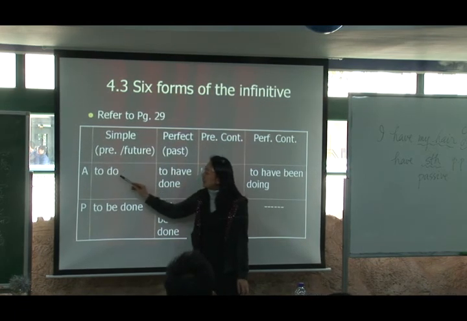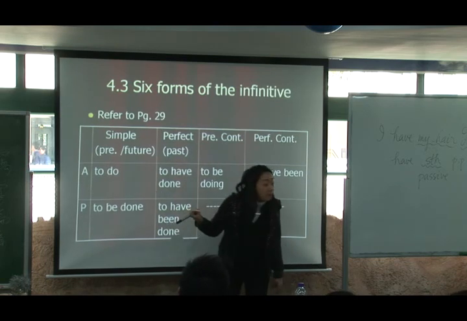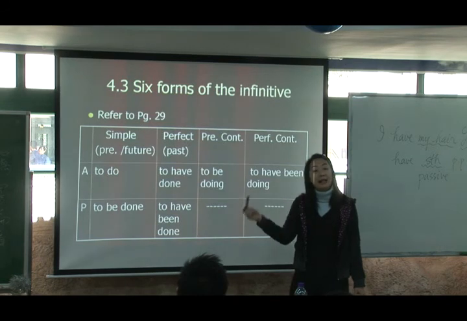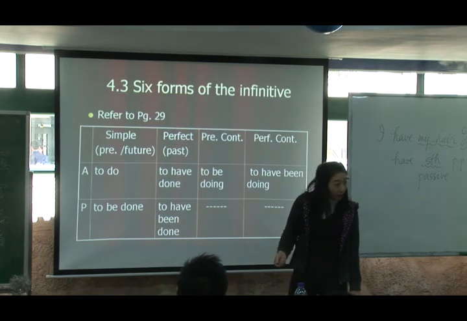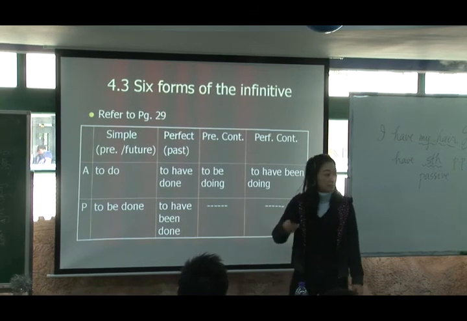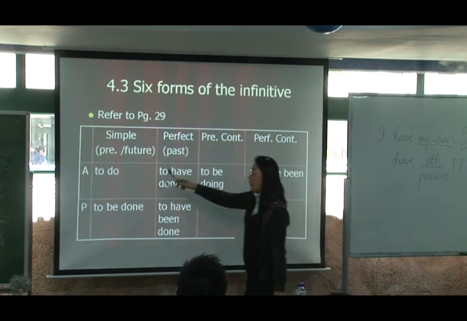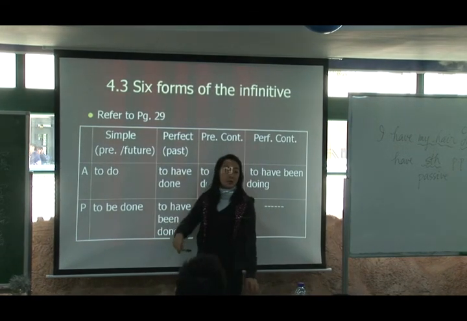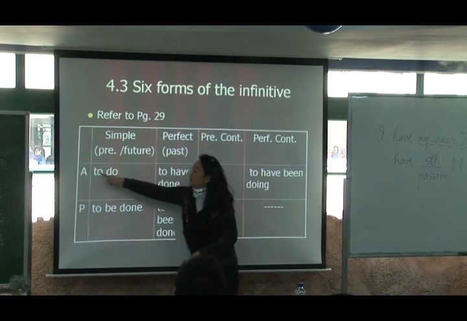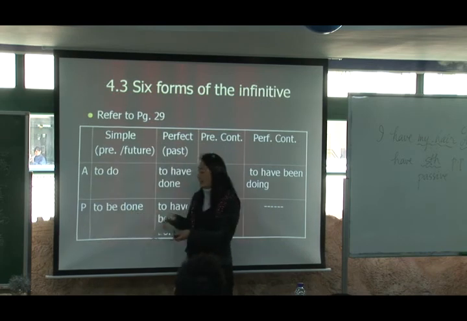Do you know that to infinitive, there is passive form? When we talk about 12 tenses, many tenses we have passive form. No, now you are going to learn. Like the tenses, what do you need to change the active into passive?